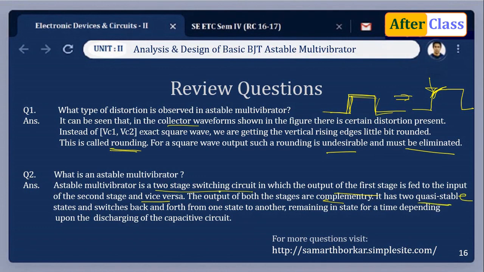Both are unstable, they are not stable, they are quasi-stable. It switches back and forth from one state to another depending upon the discharging of the capacitive circuits. So with this we come to an end of the analysis and the design of the basic BJT astable multivibrator.